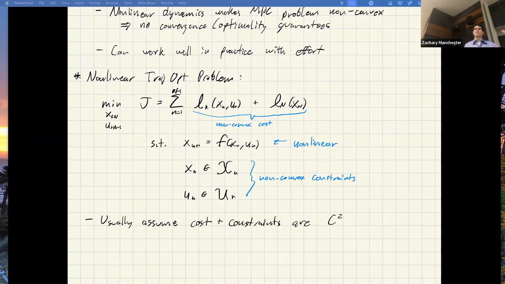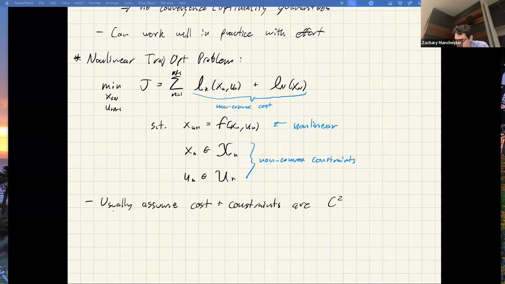So I can take first and second derivatives of all the L's, all the F's, and so on. Why am I making that assumption right out the gate? So I can do Newton's method, right? I need two derivatives to do Newton's method, usually. Okay, cool. So for now, we're assuming everything's C2.